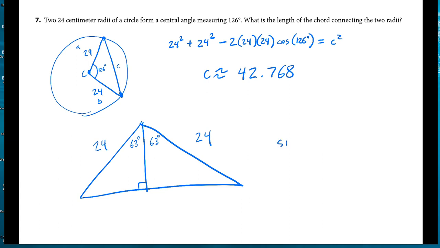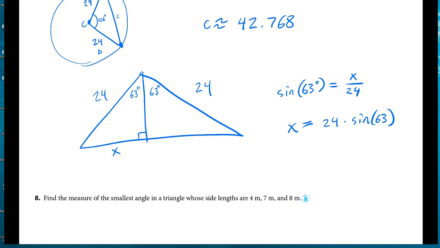You can go the sine of 63 degrees is equal to, let's call this x, opposite over hypotenuse. And so x equals 24 times the sine of 63. And then the whole base there is 2x. So all we got to do is multiply this by 2.